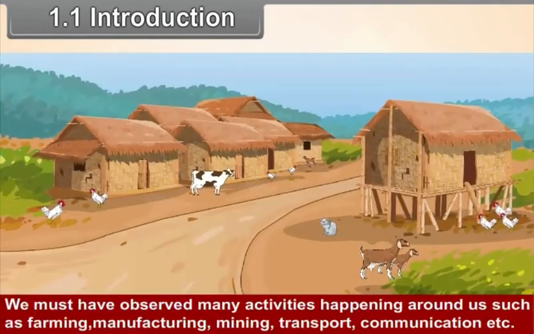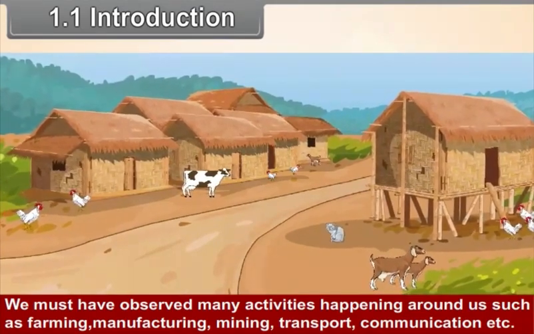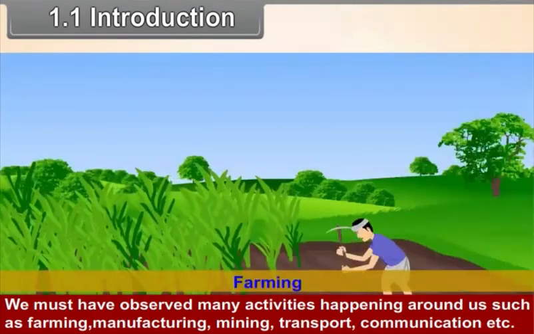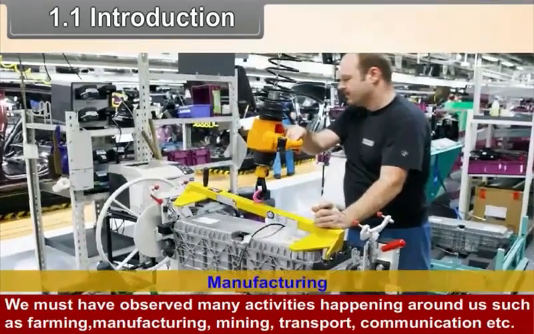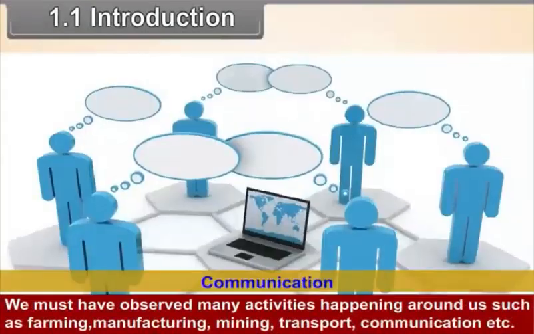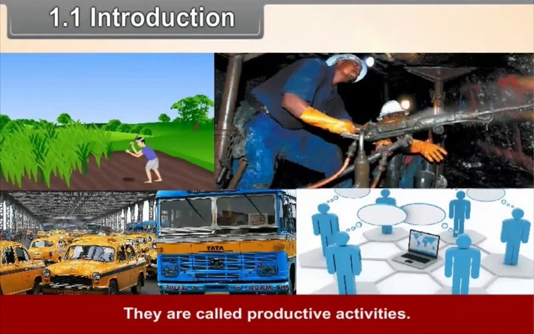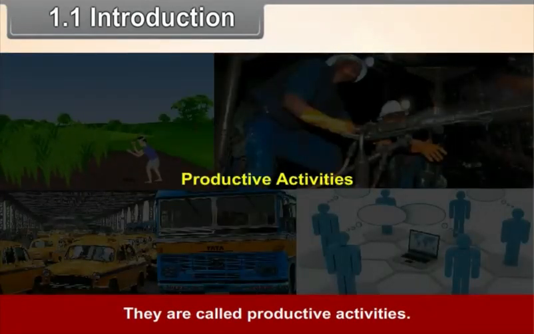1.1 Introduction. We must have observed many activities happening around us, such as farming, manufacturing, mining, transport, communication, etc. They are called productive activities. Definition.